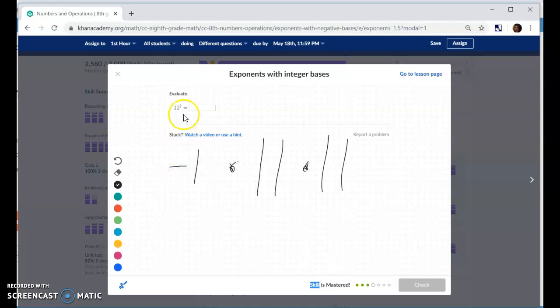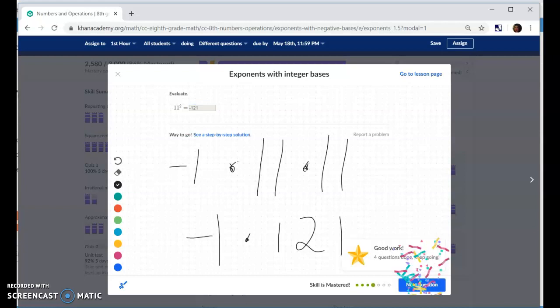Because this -11 isn't in parentheses, the negative is actually on the outside. So the answer to this would be 11 times 11, which gives us 121, and then that times -1. So -121.